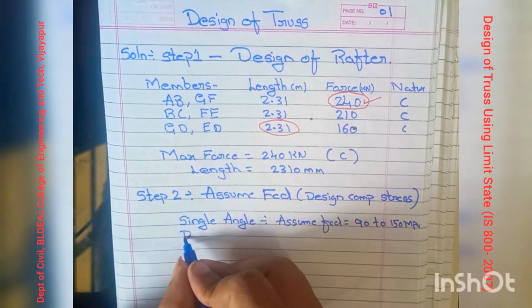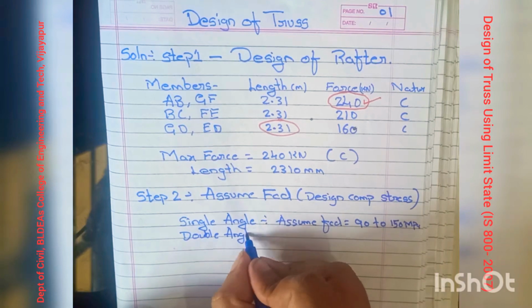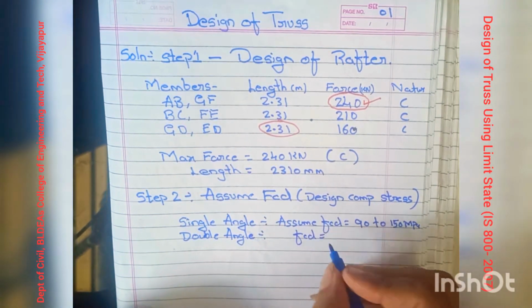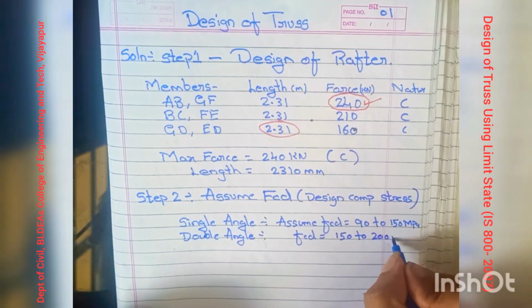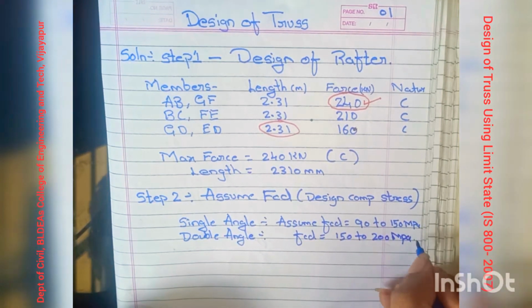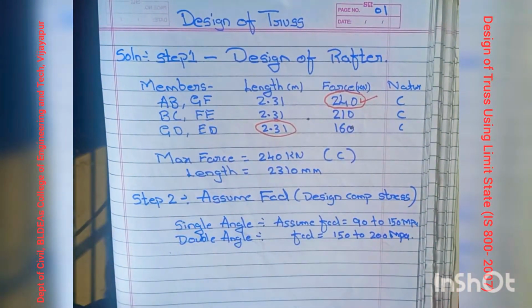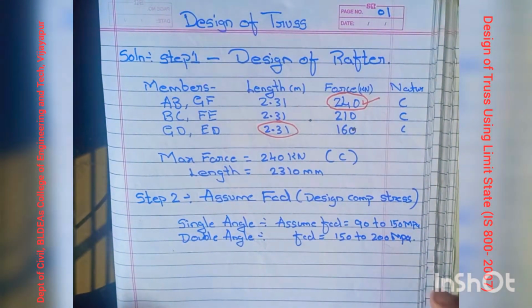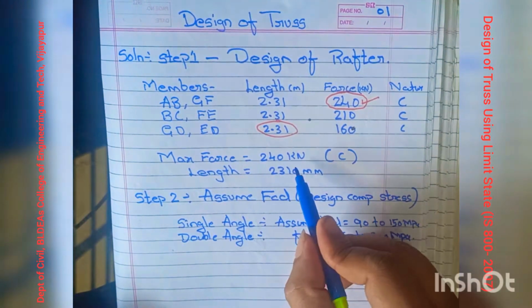If it's a double angle and the load is more, you can assume FCD anywhere in between 150 to 200 MPa. No matter whatever FCD you assume, you have to select the section and then check whether the load carrying capacity of the section you have selected from the steel table is greater than this 240 kilonewton or not.